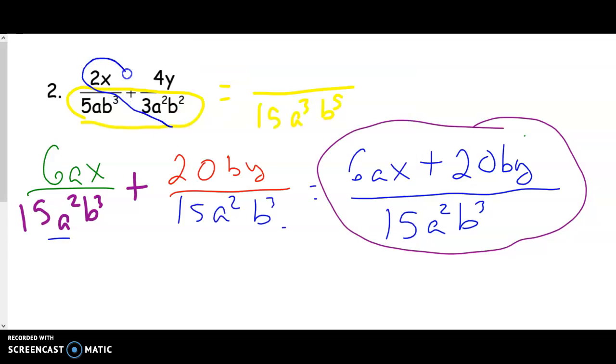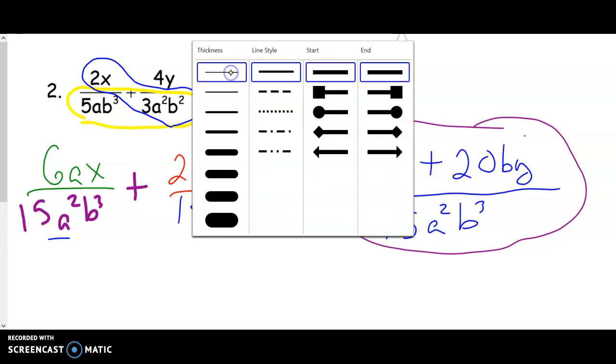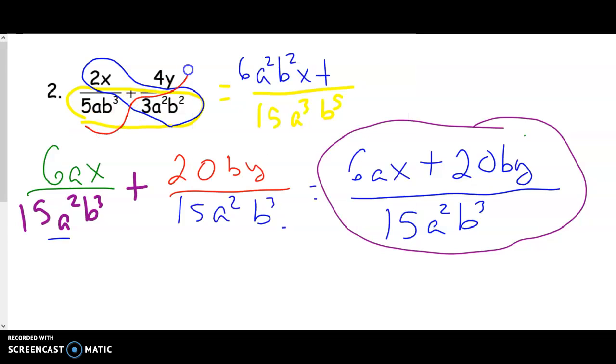I multiply these two together, what do we have? 6 a squared b squared x plus in the middle. And if I multiply these two together, let's extend this. What do we have? 20, then we have a b cubed y.